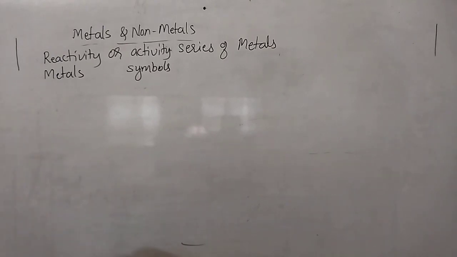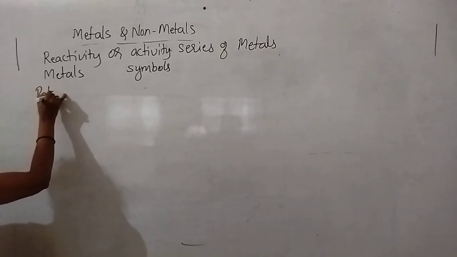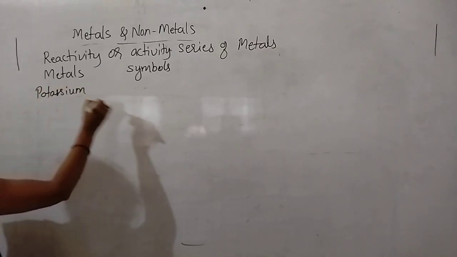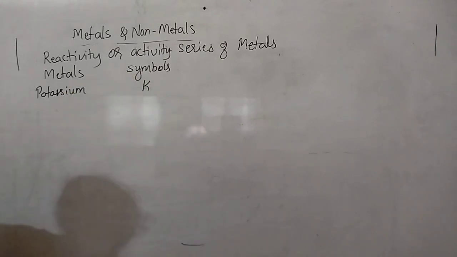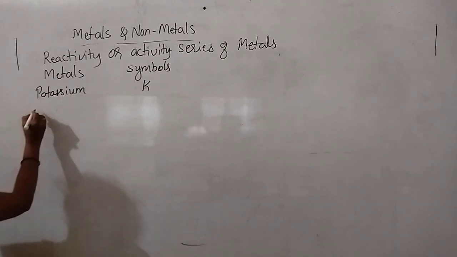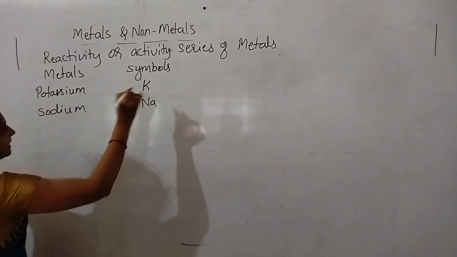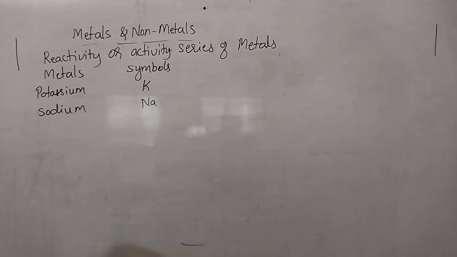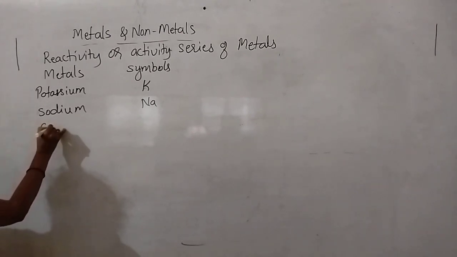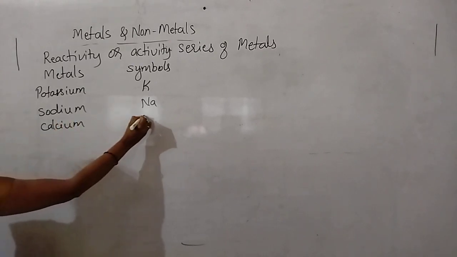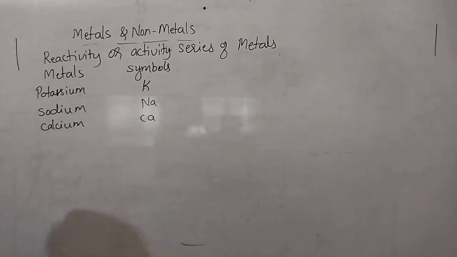First, the most reactive is potassium. The symbol of potassium is K. The next is sodium, symbol Na. Then calcium, that is Ca.